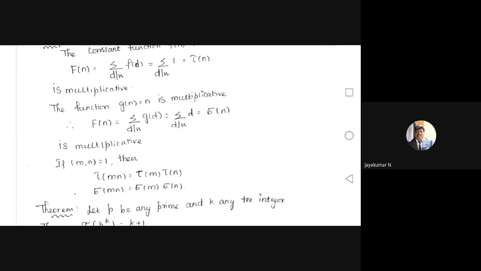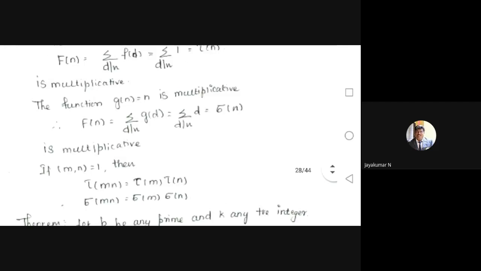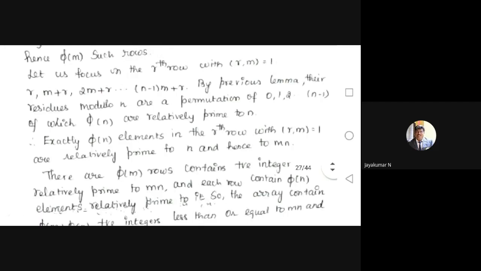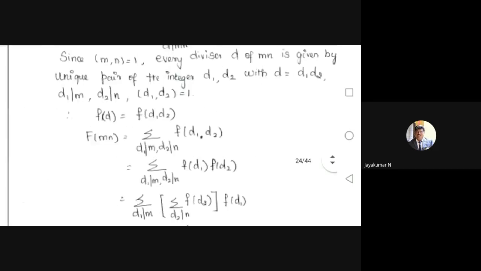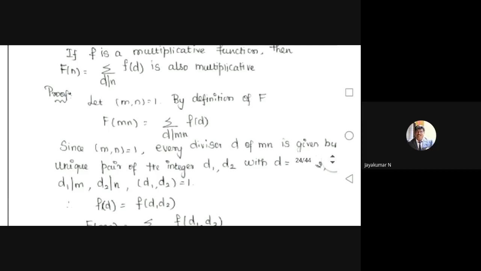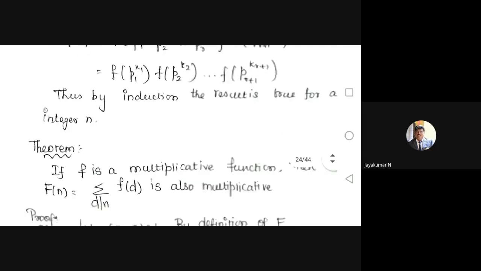At the beginning of the class, I gave capital F of n, which is the summation over d dividing n of f of d. So this theorem is applied for proving that the tau and sigma functions are multiplicative.